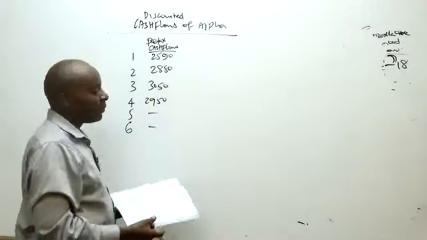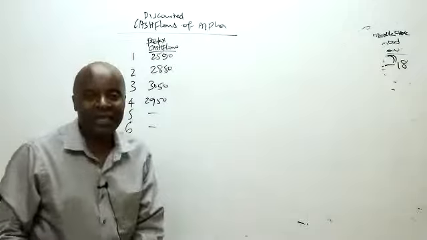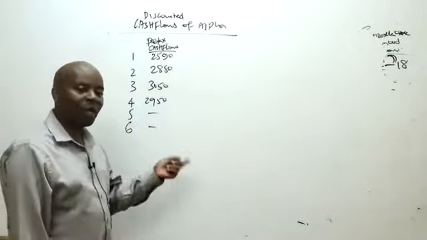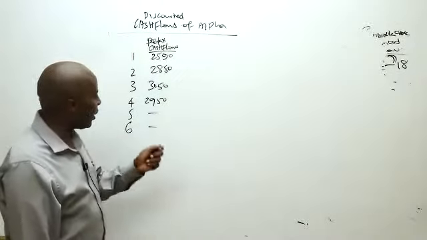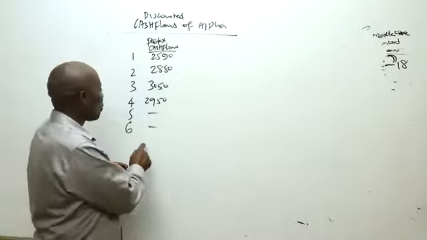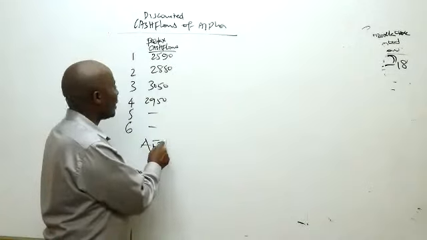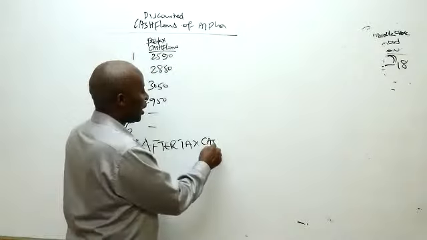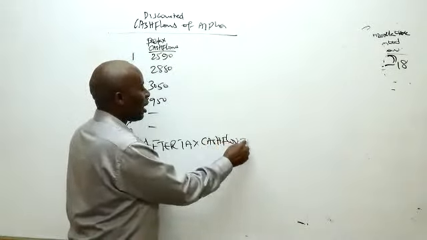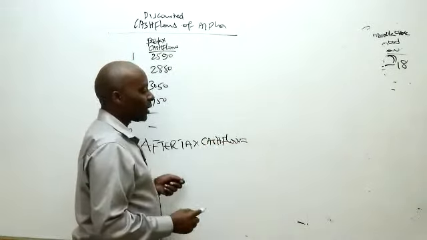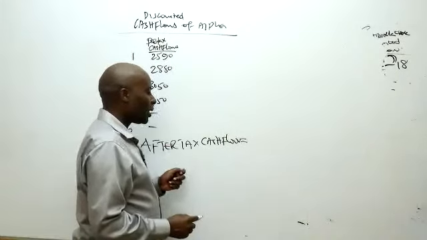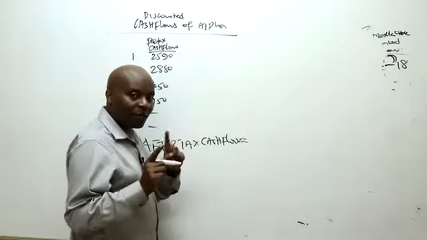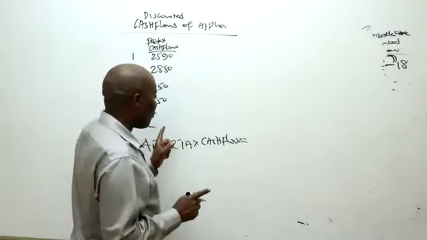Now, ladies and gentlemen, whenever you are given a pre-tax cash flow, your life becomes very easy. What you're supposed to give us is the after-tax cash flow. How do I get this after-tax cash flow? There are no major adjustments you should do.